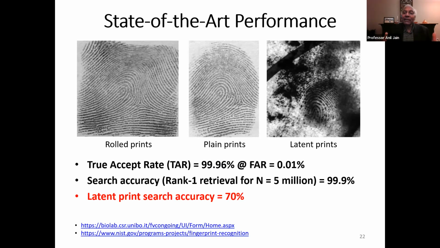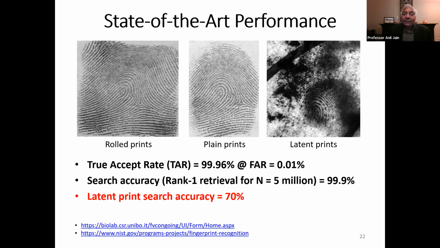And these numbers come from third-party evaluations, primarily NIST evaluations, and also from the Fingerprint Verification Competition run by the University of Bologna. What about the search accuracy? Rank 1 retrieval, that is the top retrieval from a database of 5 million, is 99.9%. Latent print search accuracy, which is for partial and noisy fingerprints, is only about 70%.